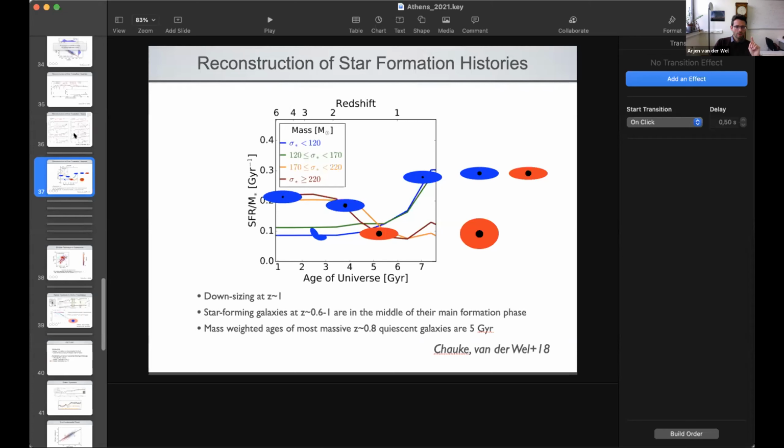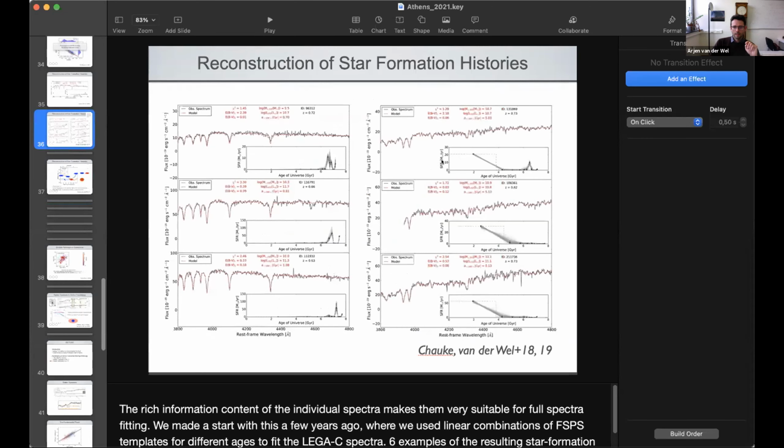The other part is, you basically see it here, right? In these star formation histories, the oldest age bin is very wide because it's hard to see differences between stars that are 3 and 5 gigayears old at a signal-to-noise of 20. So what happens in terms of star formation history in the first 4 gigayears of the universe is still very hard to tell.